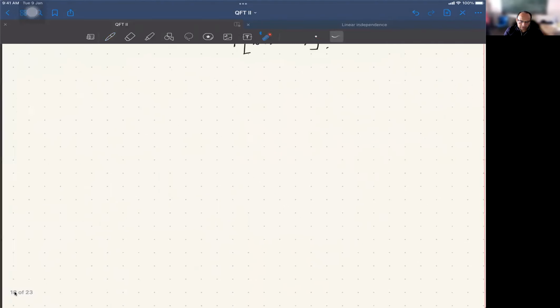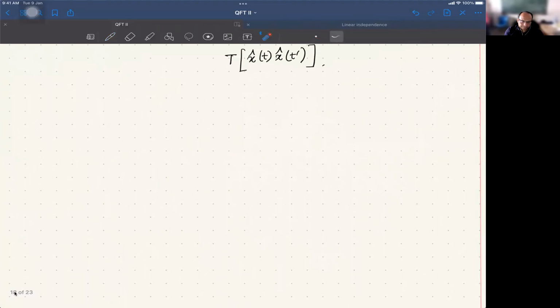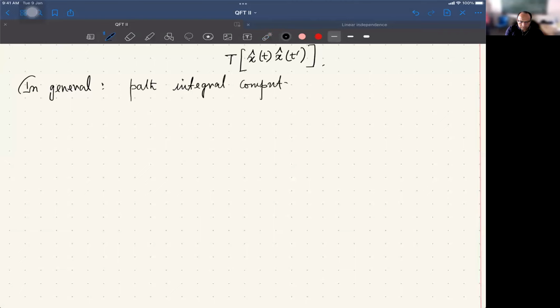So in general, the statement would be: path integral computes expectation values of time ordered product of operators.